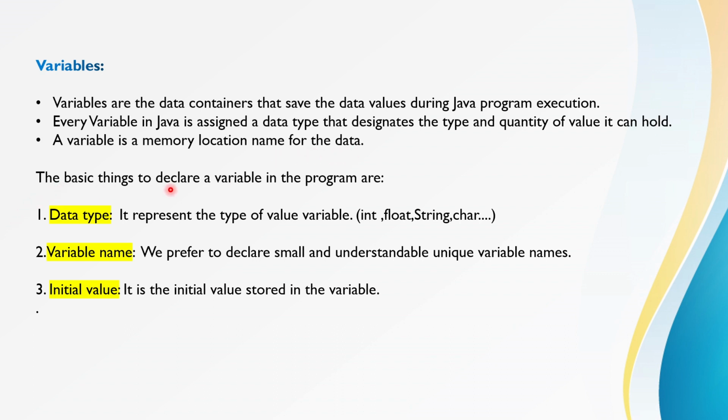The basic things to declare a variable in the program are a data type, variable name, and initial value. Data type represents the type of the value, like int, float, string, character. For the variable name, we prefer small, understandable, unique names. Initial value is the value initially stored in the variable.